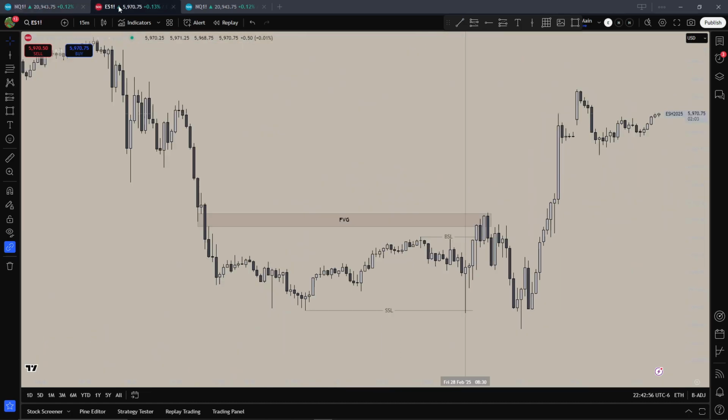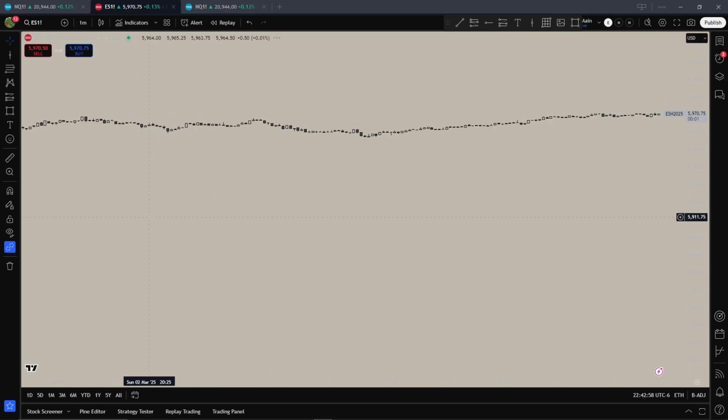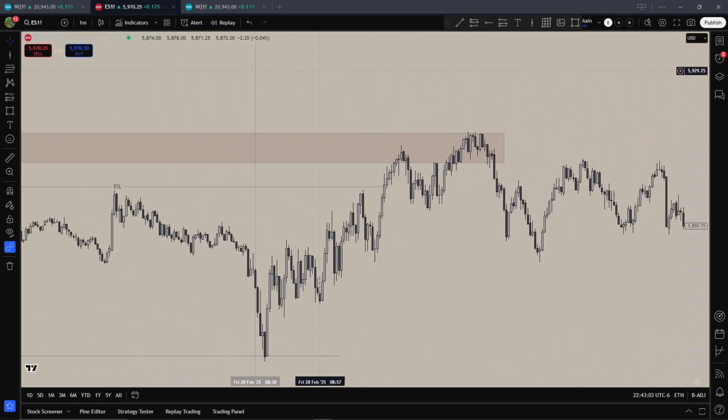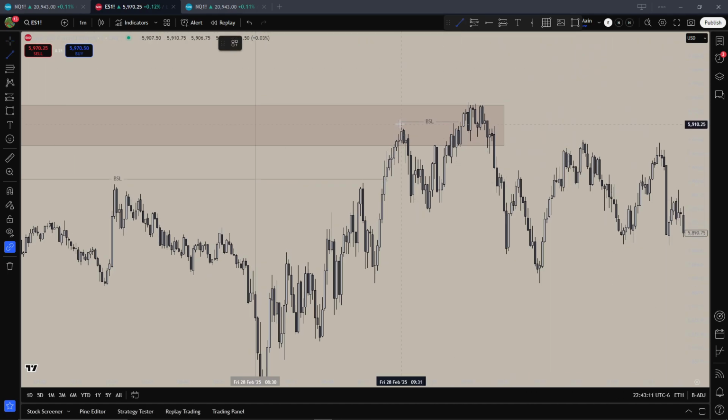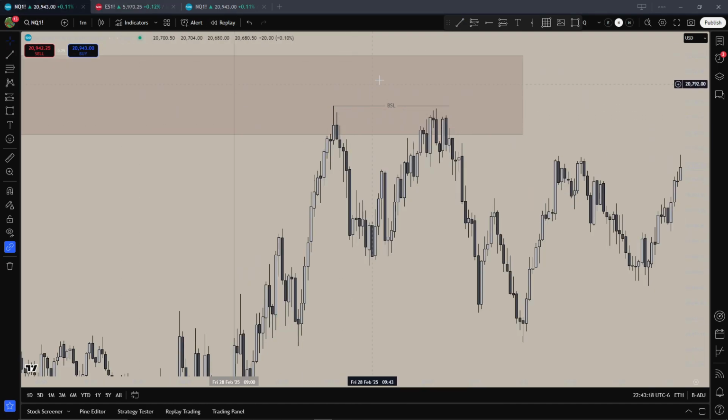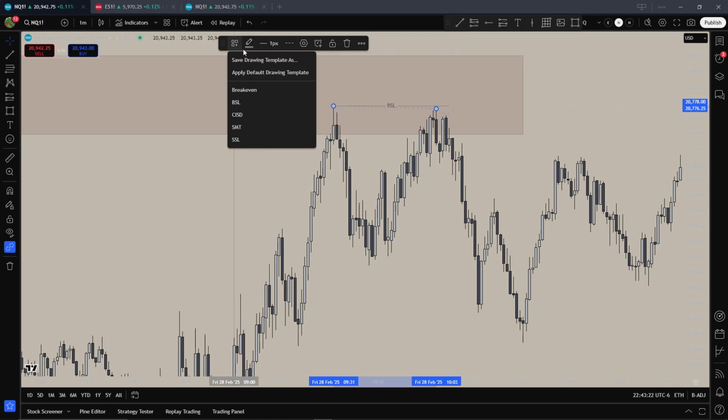Looking at the liquidity here, going to the 1-minute candle on the ES, same thing. It created this high here, which we took out on ES, and we caused an SMT.